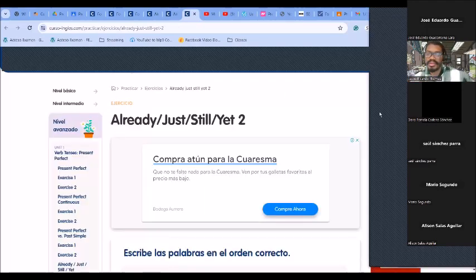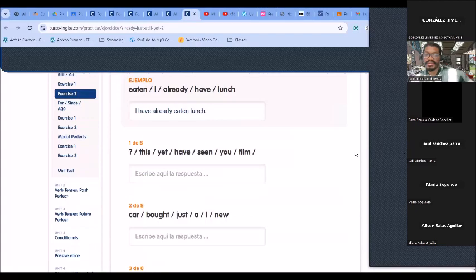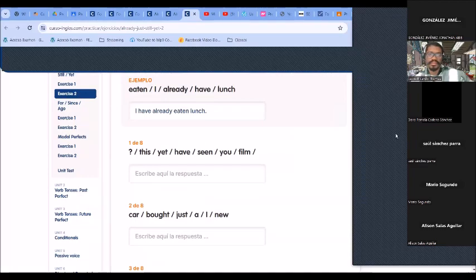Let's do some more. Jonathan. Sí, podría bajar la pantalla. Just give me a second. There we go. Okay. Déjame ver.